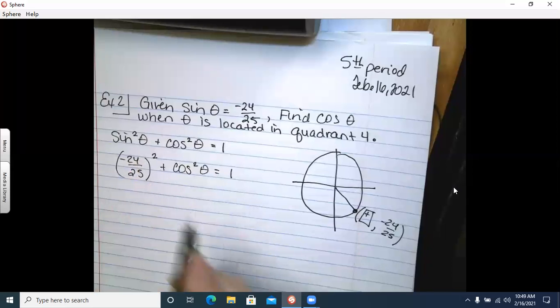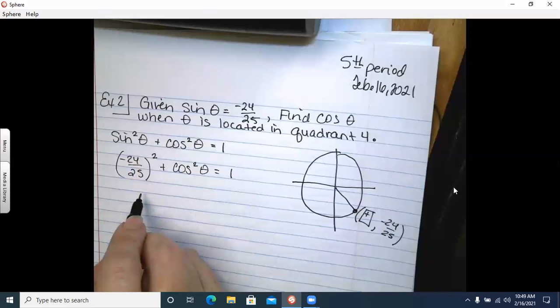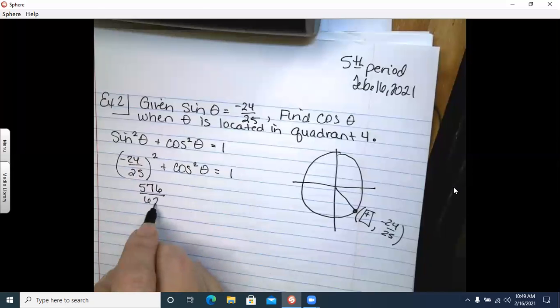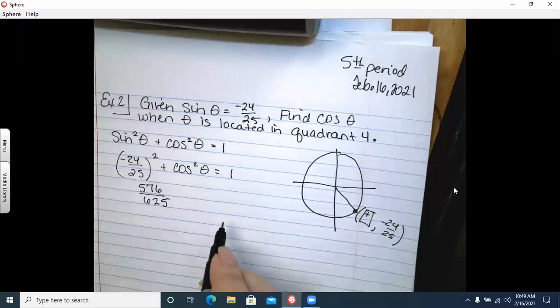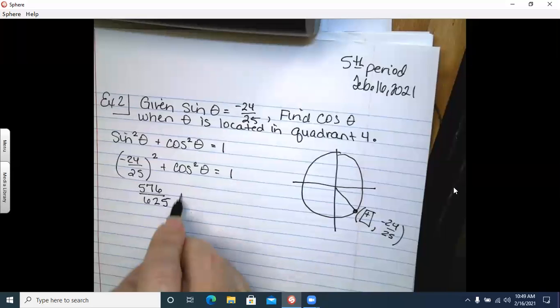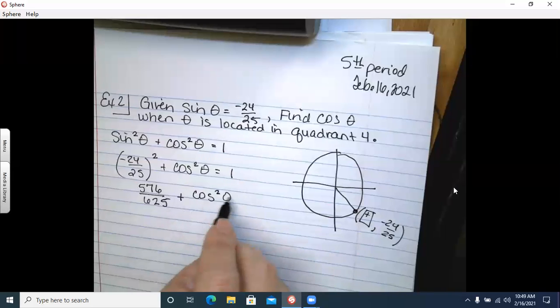I know a lot of y'all got a calculator on your desk. 576 over what is 25 squared? 625. And again, I'm going to want an exact answer, so don't turn it to a decimal. So we add cosine squared of theta, and that equals 1.